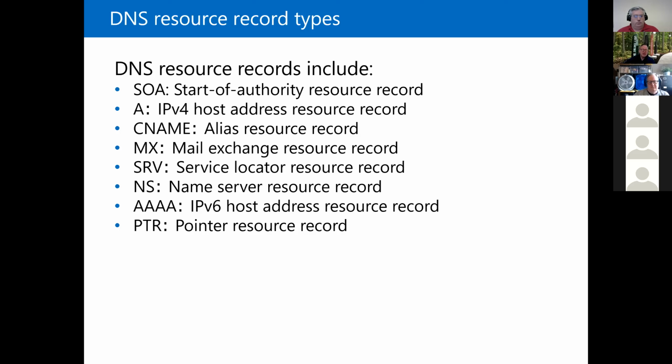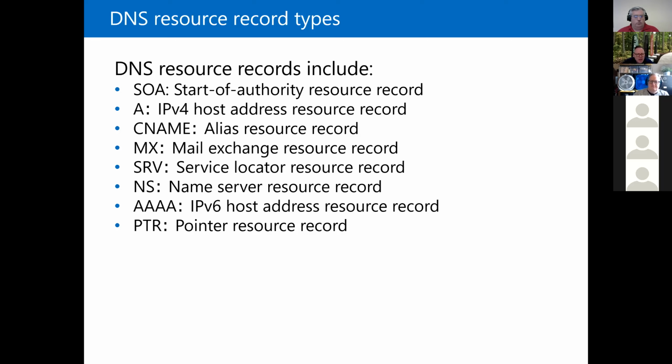But it could be that the request comes in and says, this person is requesting the IP address for the Microsoft Active Directory domain server to log into the network. And so it says, oh, okay, you have a service locator request.